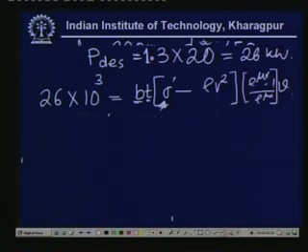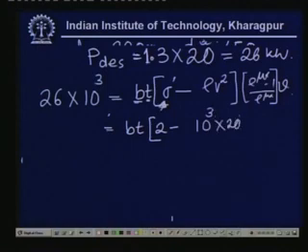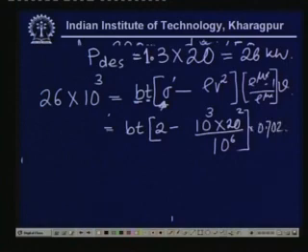So if we consider these values, then what do you get? You get BT times 2 minus rho for belt material, which is 10 to the power 3 kg per meter cube, multiplied by 20 square, 10 to the power 6 to bring it to proper units, and this value comes out to be 0.072, multiplied by this velocity 20.